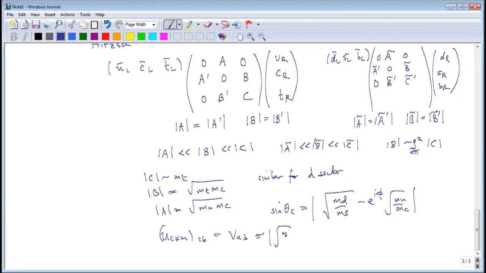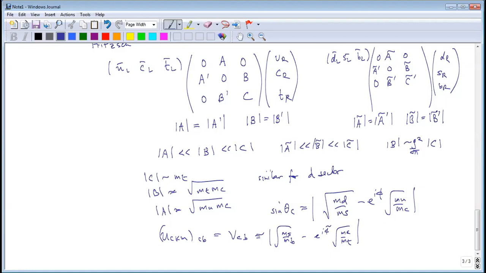It goes like MS over MB minus e to the I phi, and this is some different combination of phases, MC over MT. Okay, so this is the thing that at the time said, okay, look, maybe the top quark mass was in the range of anywhere between 40 and 60 GeV or so. If that's true, then this formula would be relatively successful for predicting the right size of VCB.